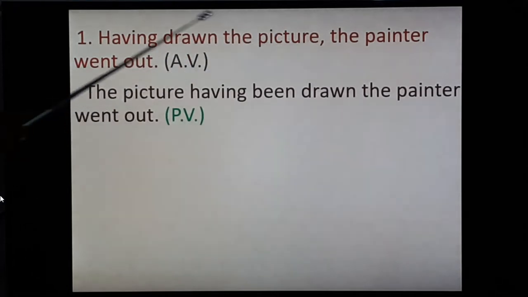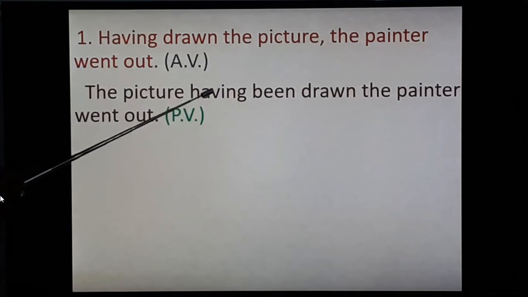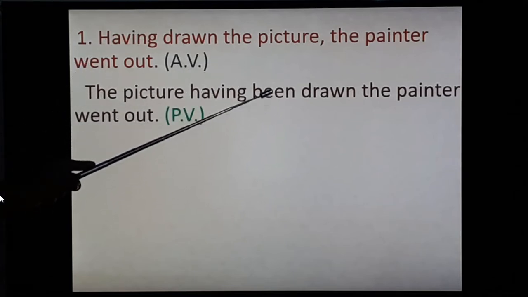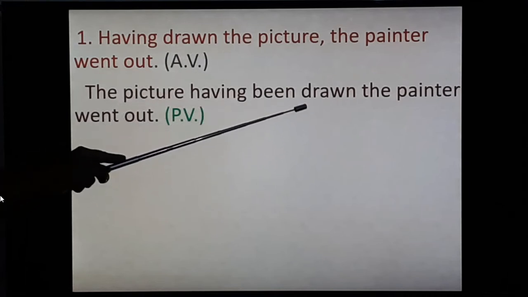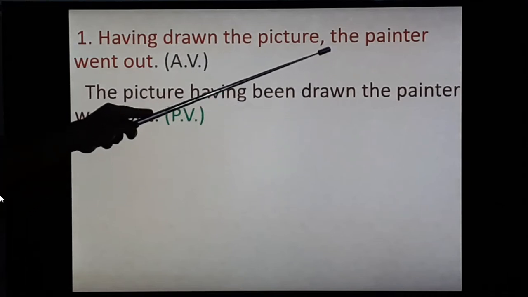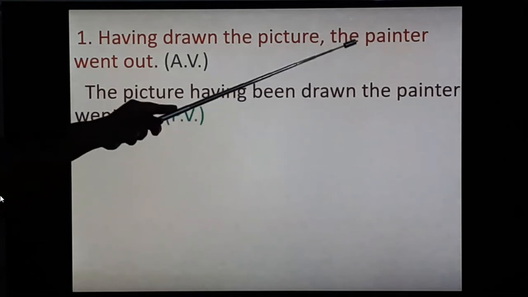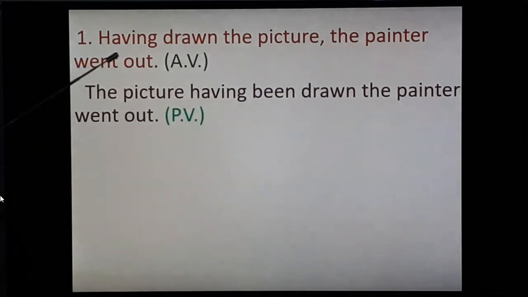The picture will come in the beginning, then having, then you have to add been, B-E-E-N, been, then V3 form, drawn, and then you have to write the rest of the sentence. The painter went out. This way you have to turn this active voice to passive.